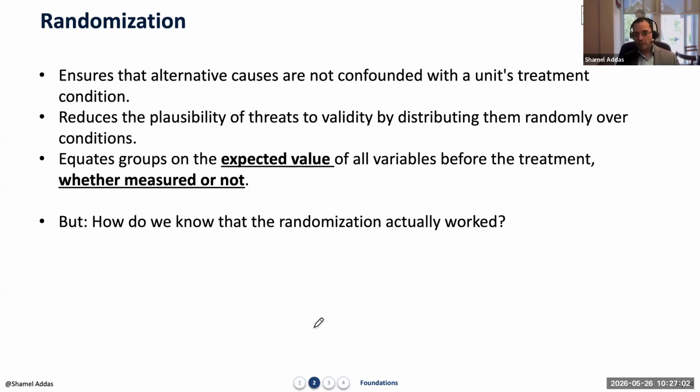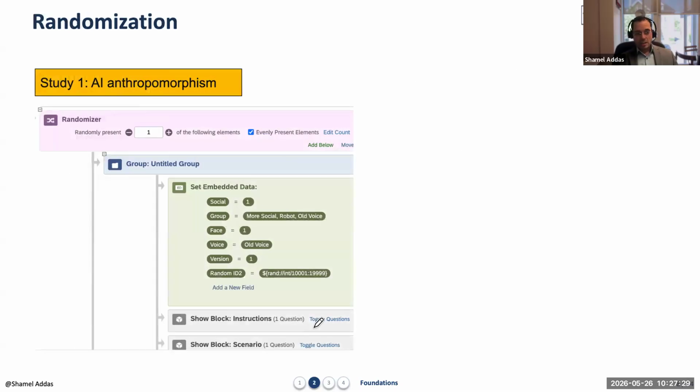Maybe in this particular assignment to group one and group two, you just got unlucky, and it turned out that one group had high social integration, one group had low social integration. So the confound might still happen just because of bad luck. All right, so we sometimes need to check that the randomization has actually worked, which is something I'll also talk about later.